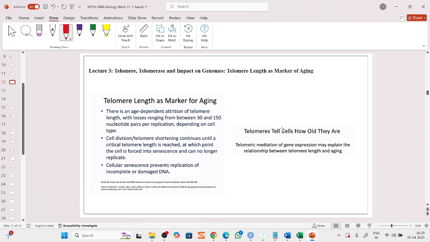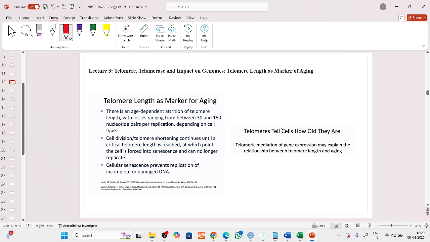Okay. See, if the telomere length is very good, that means the cell is very new. If we have very shortened telomeres, that means that the cell has aged, because it has undergone so many rounds of replication that the telomeres have now become very much shortened.